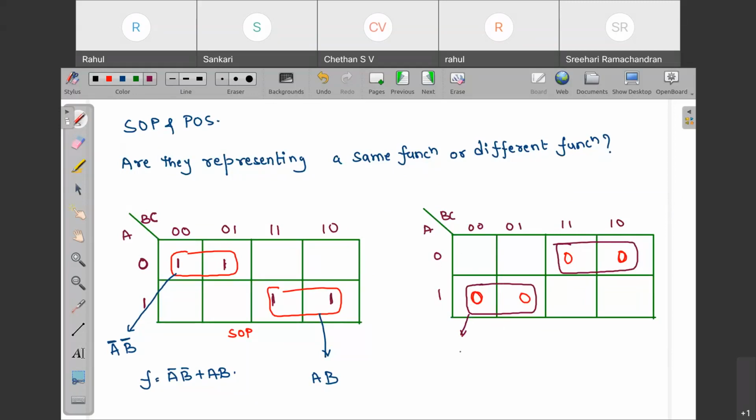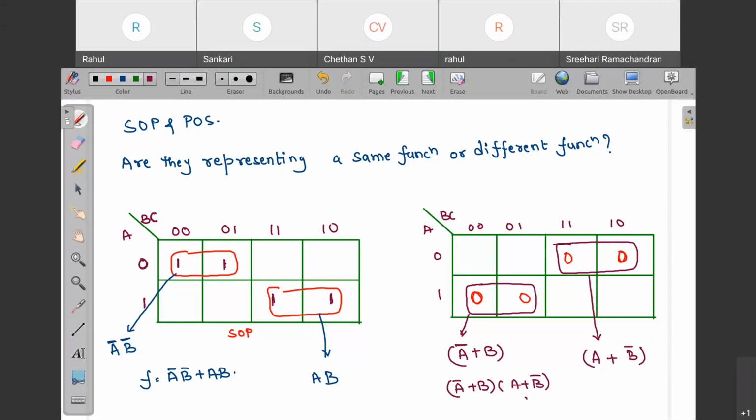Here A equal to 1 is common, so A complement, and out of B and C, B equal to 0 is common, so plus B. For this one, A equal to 0 is common, so A, plus B equal to 1 is common, so B complement. So if I write the POS expression, that will be (A complement plus B)(A plus B complement).